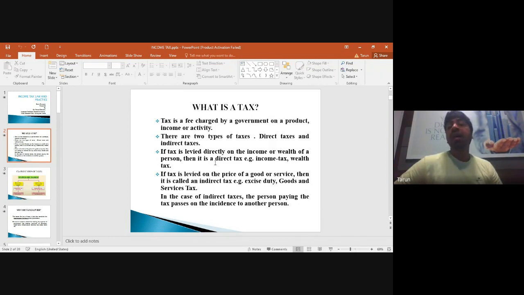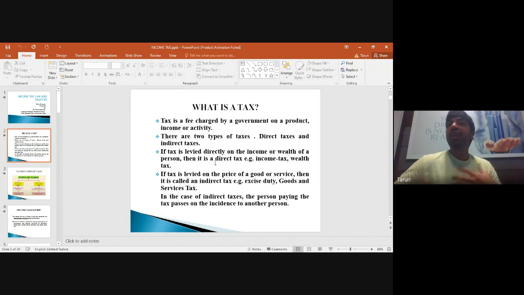Let's take another example. If a person goes to a cinema hall and watches a movie, the tax that he has to pay is an entertainment tax, which in India is also called GST, because it is a good or service rendered to individuals.